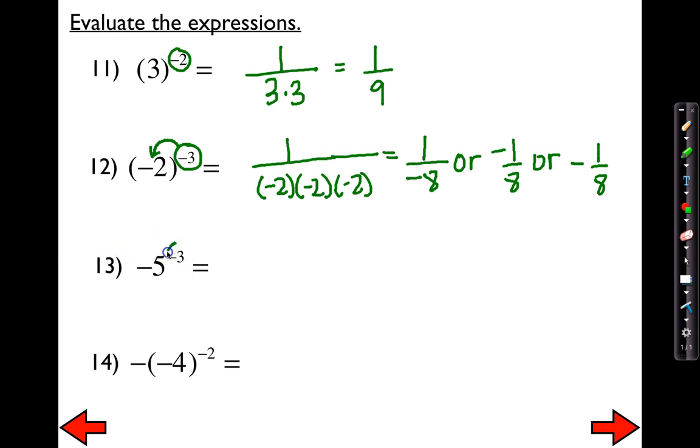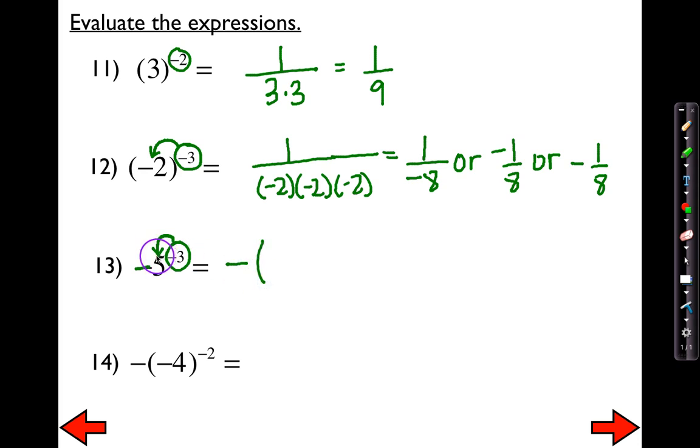So again, because of this negative exponent, instead of doing repeated multiplication, I'm going to do repeated division. Now be very careful. This one I'm only repeating the 5. Why? Because there's no parentheses telling me that the base is negative. Here it clearly told me that the base was negative, but here it does not. So we're going to keep this negative on the outside.